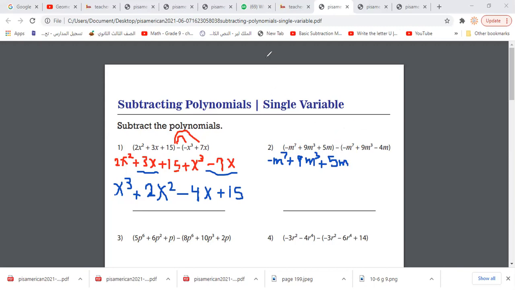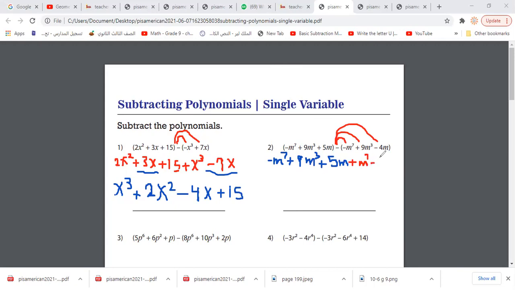Second part, what's going to happen? For the second part, we will change the sign for each one, like you are playing. Negative becomes positive: positive m to the power of 7, and then positive becomes negative.